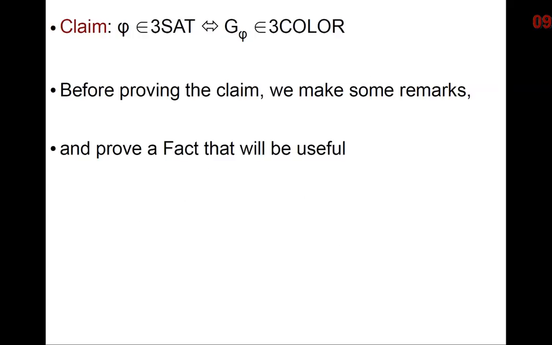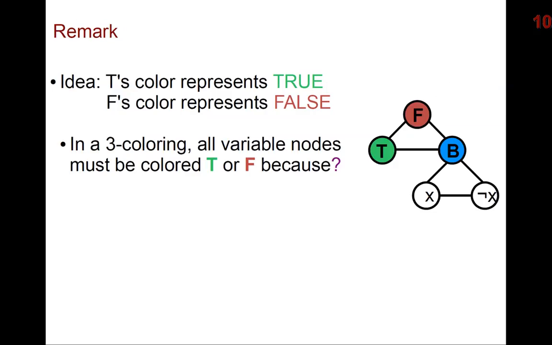Okay, so first let's make some remarks. We want to prove that phi is satisfiable if and only if G phi is tricolorable. Let's make some remarks about what the structure of the graph tells us about the possible tricolorings. And we're also going to prove a fact that's going to be useful. So the color of this guy, the true node.